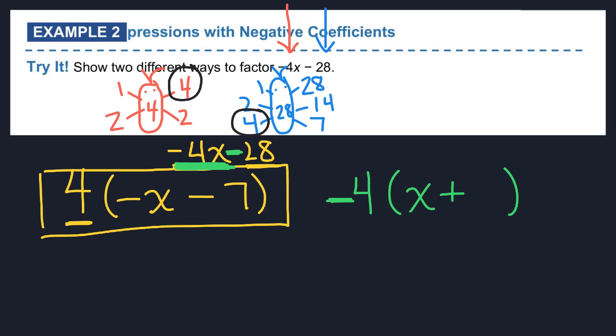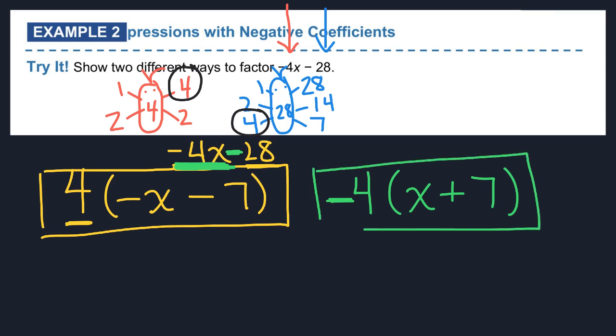And if I pull a negative 4 out of 28, I am left with a 7. The 4 and the 7 go together. All right, so we actually have two options here. If I pulled out a 4, I'd have negative x minus 7. If I pulled out a negative 4, I would have an x plus 7.